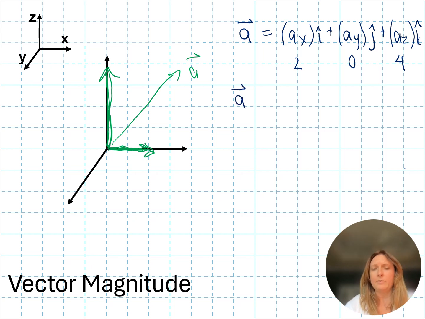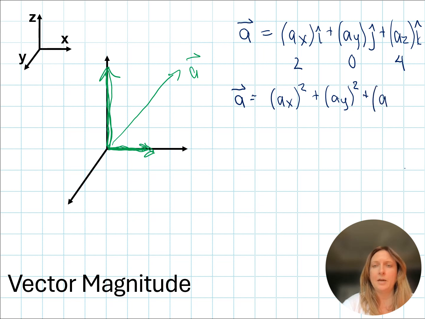So my acceleration magnitude is going to be defined as the square of my x magnitude plus the square of my magnitude of the y component of acceleration plus the square of the magnitude of the z component, and this entire quantity is going to be raised to the 1/2 power like that.